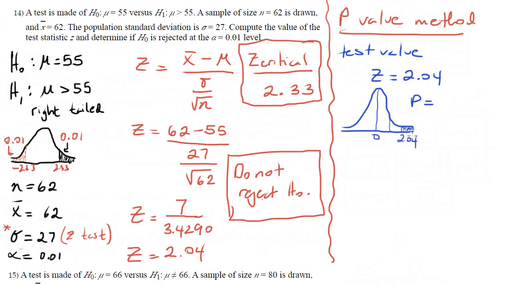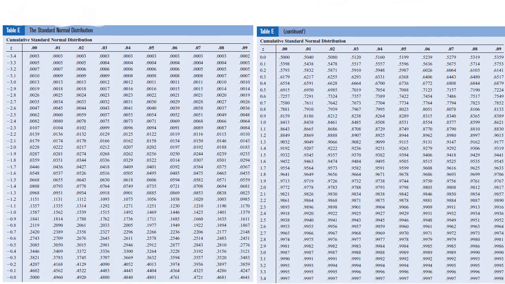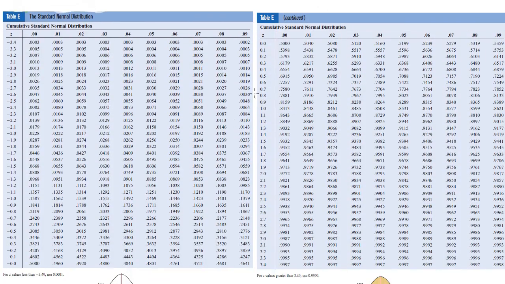And I do that by going to the z distribution table. The same kind of way I thought about here, where this is symmetric, so negative 2.04 will give me the area to the left. And that's symmetric, so it'll be equivalent to the area to the right of 2.04. So if I look to the left of negative 2.04, I'll be good to go.